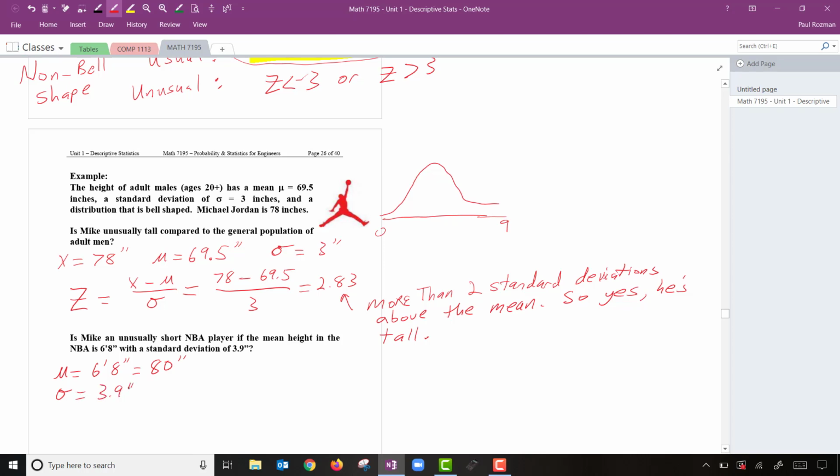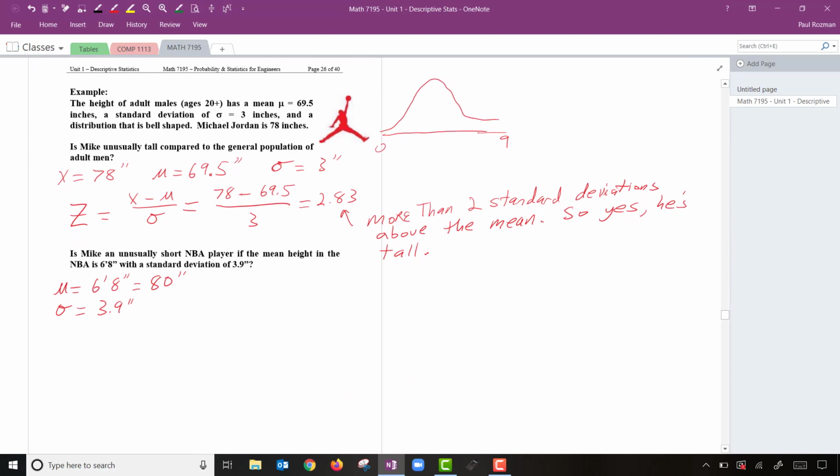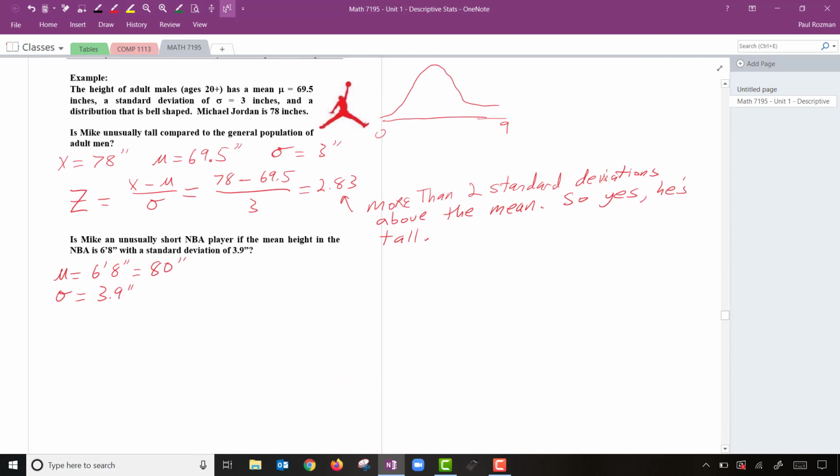Again, I'm using population values. I think we can get away with that. They probably know the heights of NBA players pretty precisely. Repeating our Z-score calculation, Mike is still 78 inches, but now the mean has changed. The mean of NBA is 80 inches. The standard deviation is 3.9 inches.